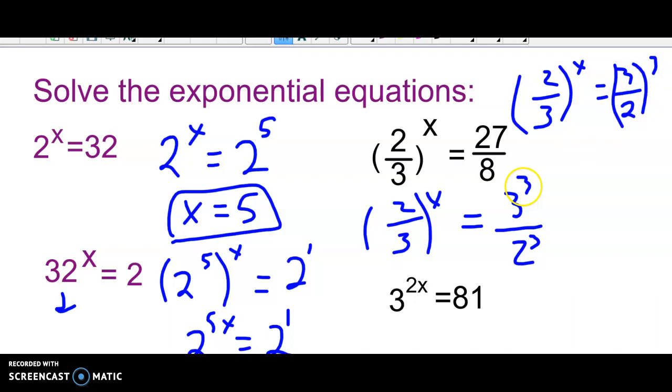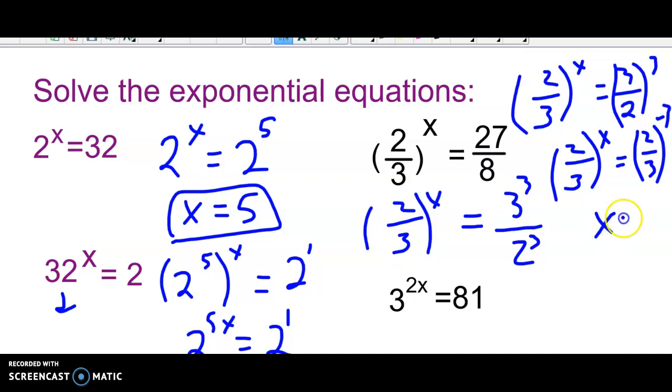Since this is 3 to the 3rd, this is 2 to the 3rd. 3/2 to the 3rd would be 27/8. They're so close to the same base, but just not quite there. So I'm going to write 2/3 to the x equals, if I write this as 2/3, then I just switch the 3 to -3. So x is -3.